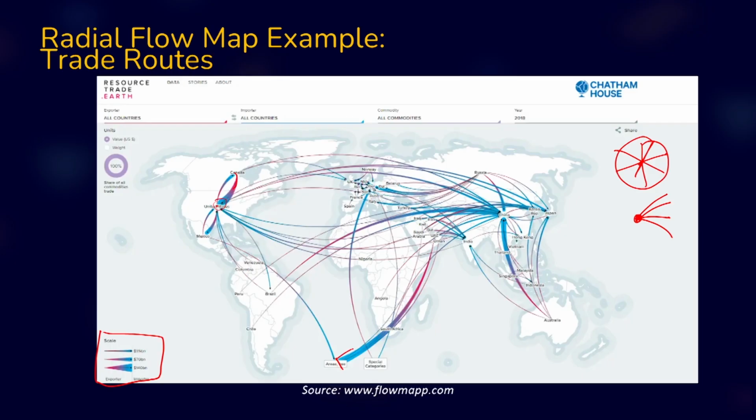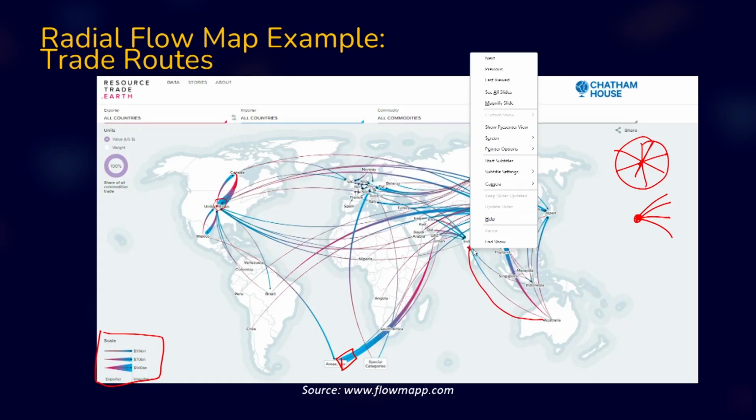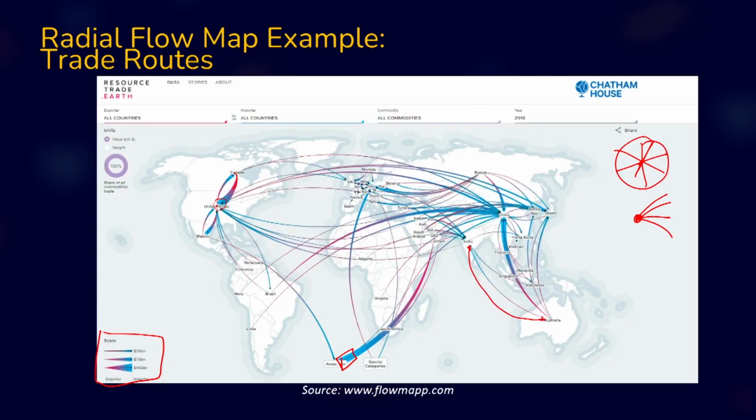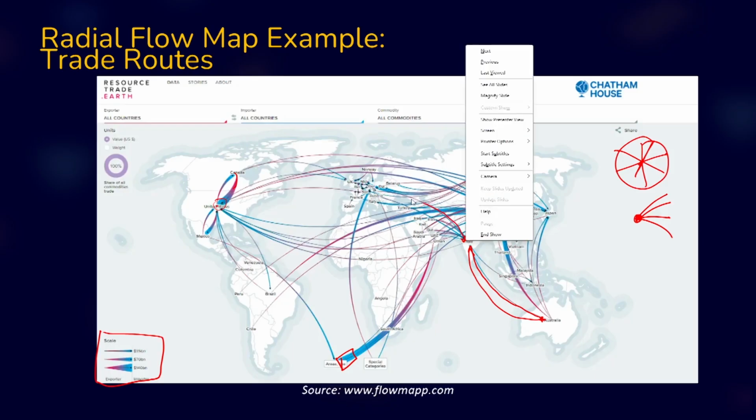Here the width is more, so the volume is more; here the width is less, so the volume of import and export is less. Here it's exporting from Australia and importing to India. In the same way here it is exported from India and moving to other regions.